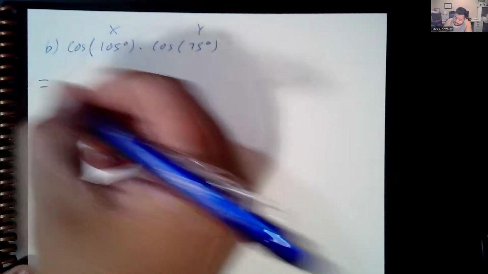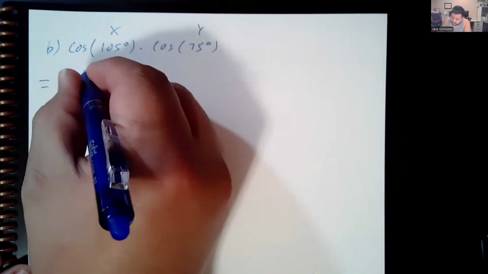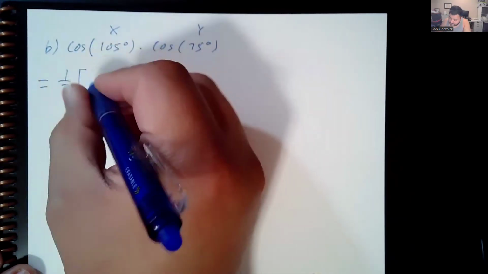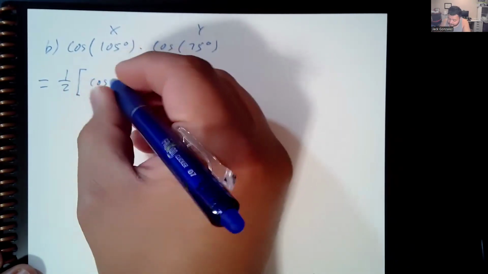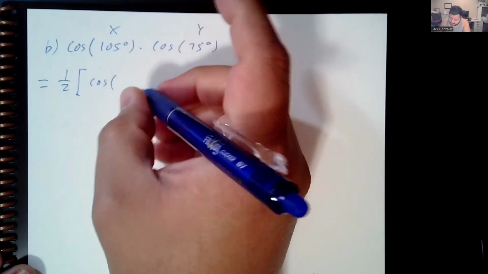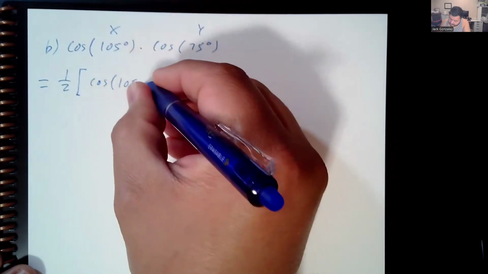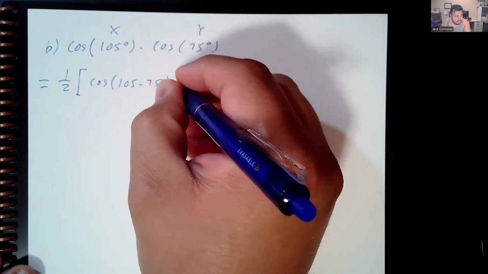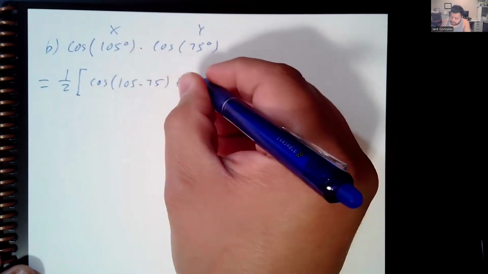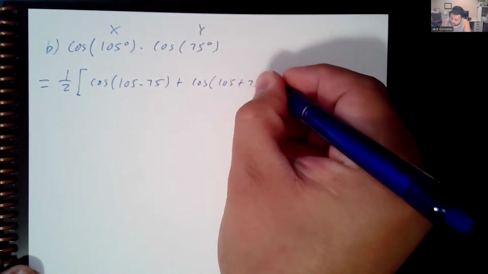That will become 1/2 cosine of (105 minus 75), that is x minus y, plus cosine of 105 plus 75.